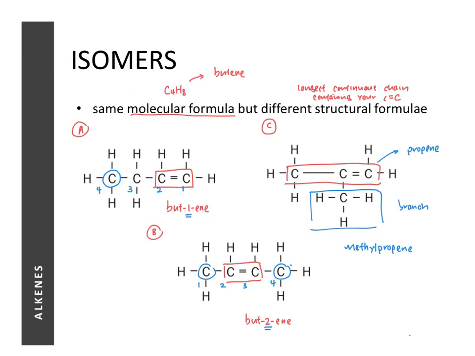Now some of you may be wondering what happens when we have a more complicated alkene, how are we going to name that? Don't worry. The rules for naming are not really in the syllabus. When you go up to higher levels, you will learn more and more rules for naming organic compounds. If really required, in the question they will give you the names of a few compounds, and from there you can deduce the rule.